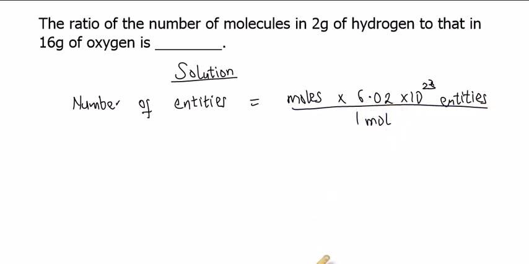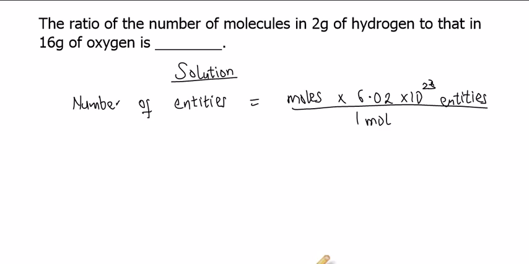The word entities here refers to the state which the element can occur. It can be atoms, particles, molecules, or ions. The constant 6.02 times 10 raised to the power 23 is referred to as Avogadro's constant, and some call it Avogadro's number. Now this is the formula we'll be using to determine the number of molecules present. In this case, our entities will be replaced with molecules since we are dealing with molecules.